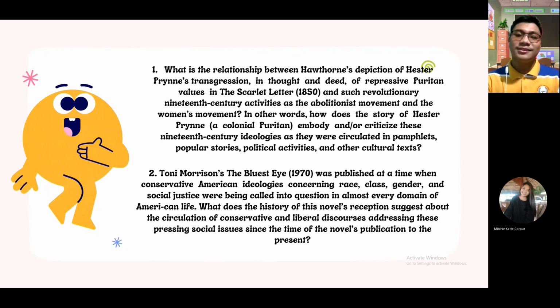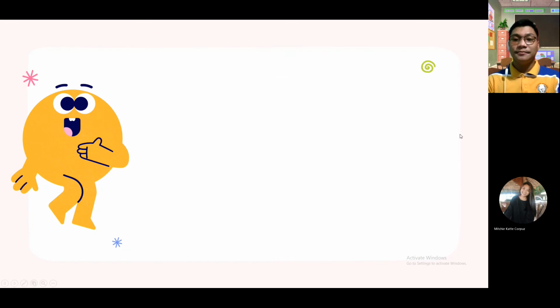So, what does the history of this novel's reception suggest about the circulation of conservative and liberal discourses addressing these pressing social issues since the time of the novel's publication to the present? Next slide.